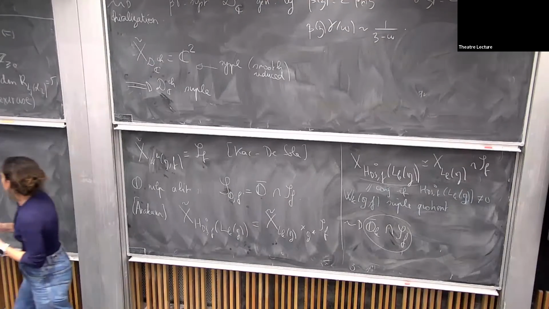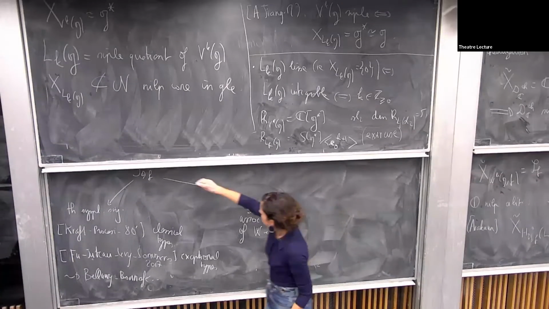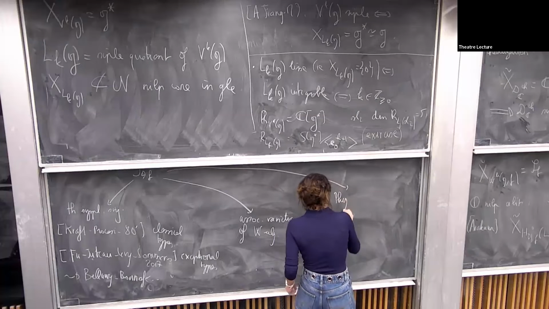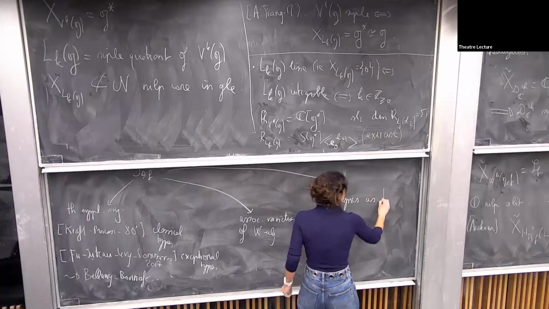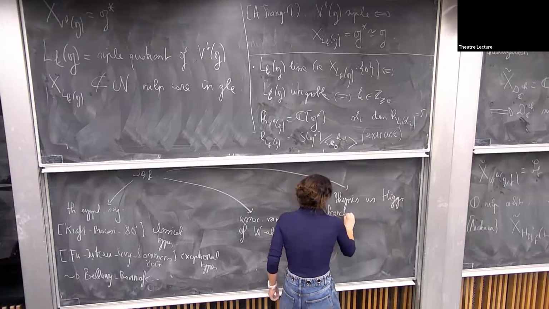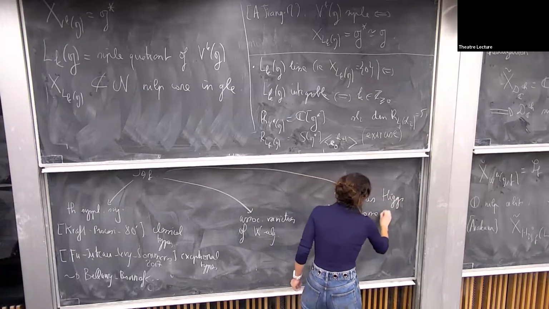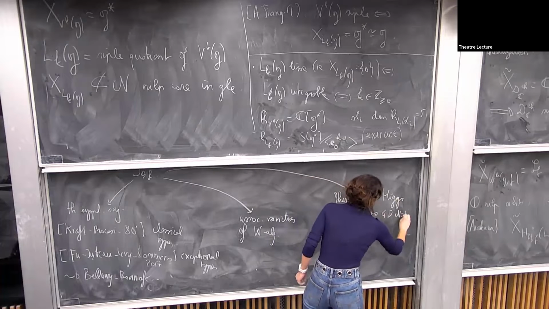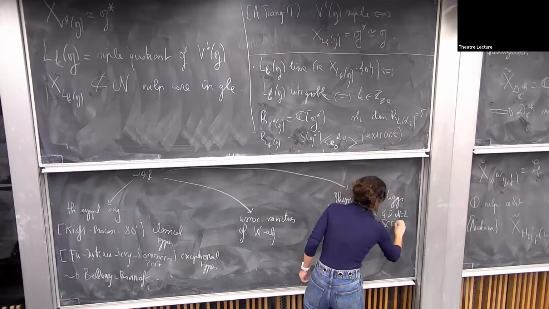And it also appears in physics as the Higgs branch of some 4D N equals 2 superconformal field theories.